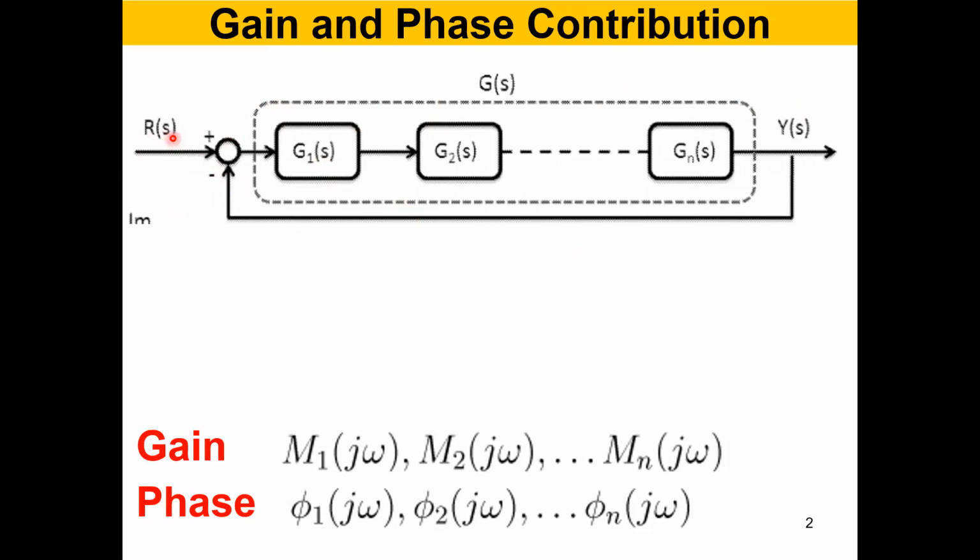There's no way for you to put in every possible signal and check whether the response is still acceptable. That is not very rational, not very logical. So that is why we do this frequency analysis. Any signal is actually a composition of sinusoidal frequencies, so we look at how the loop operates for various frequencies.